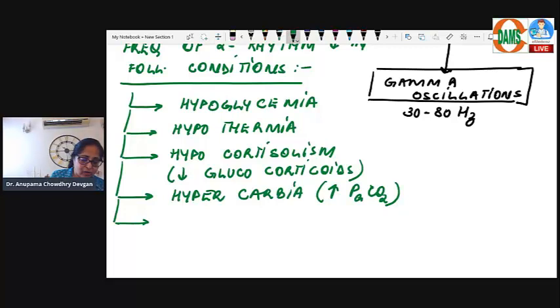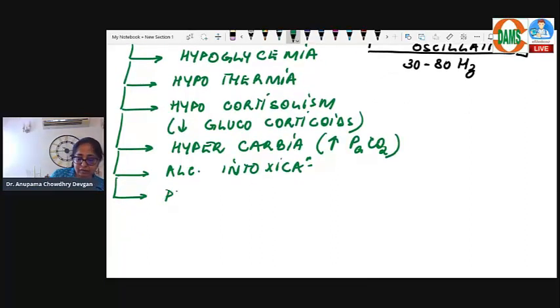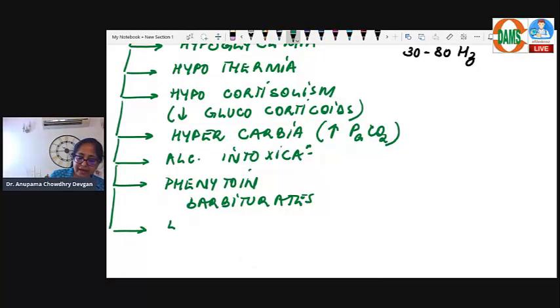Then also alcohol intoxication, phenytoin, barbiturates, and encephalopathies. These are the conditions where the frequency of alpha rhythm will reduce.